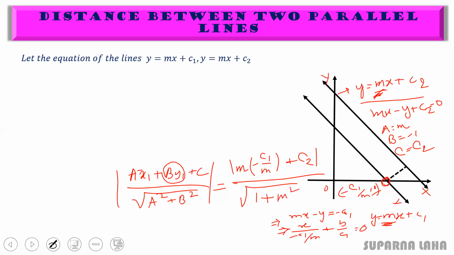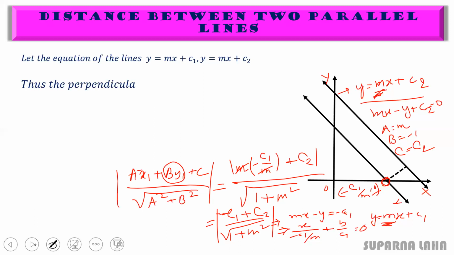Now look at it. m cancels, and this is c1 minus c1 plus c2 by root over 1 plus m square. Or, since mod is there, you can write |c1 minus c2| by root over 1 plus m square.